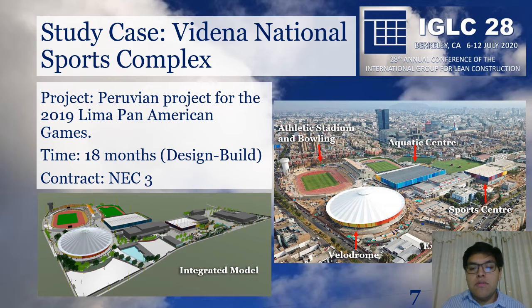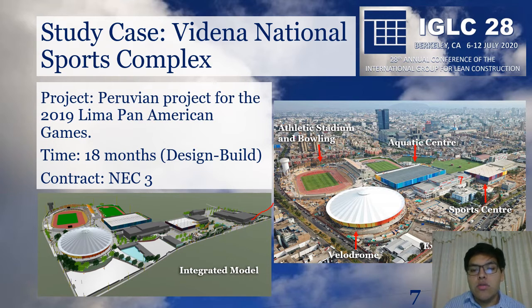The study focused on sports infrastructure, which, as I mentioned before, was needed due to the inappropriate infrastructure for the Pan American and Para-Pan American Lima 2019 games. For these games, there was only a short time to develop the infrastructure. For example, there are some venues in this infrastructure, like the athletic stadium, bowling, velodrome, aquatic center, and sports center.